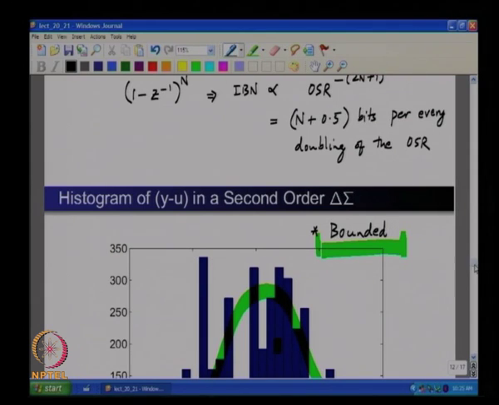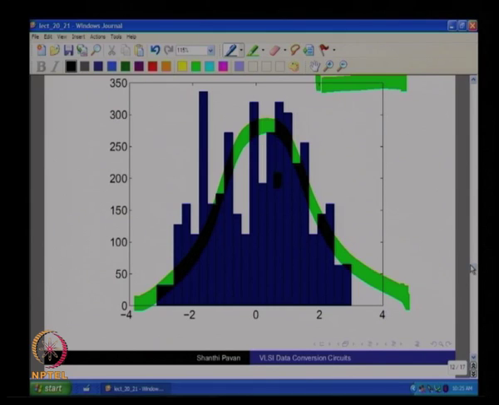And in the second order case, we said, okay, why do we not assume that it is Gaussian, because it seems to be high in the middle and tapering off towards the ends. We of course realize that it cannot be truly Gaussian, because this is bounded, whereas a true Gaussian is not bounded. Yet a Gaussian is a good approximation, and it is not just fancy.